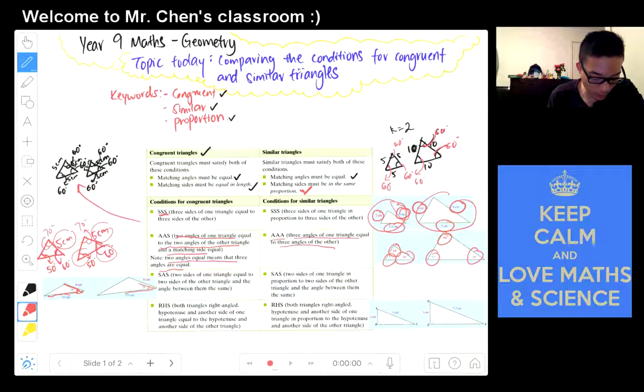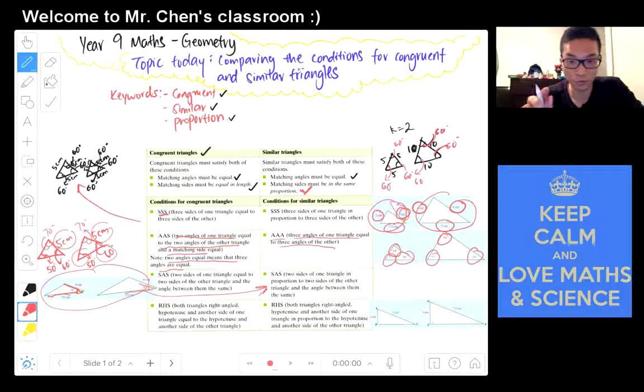This one is also side angle side, but based on proportions. It says two sides of one triangle in proportion to two sides of the other triangle and the angle between them the same.